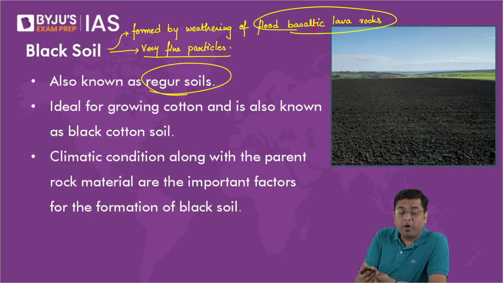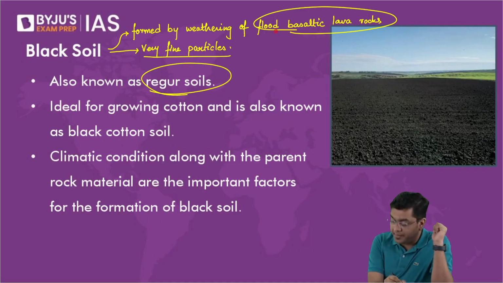Now these lava rocks or these igneous rocks, will they have the presence of organic matter? We have seen earlier that when we talk about igneous rocks, they are significantly poor in terms of organic matter content. Organic matter can be found in the sedimentary rocks, but not in other types of rock formation. Hence, these are poor in terms of organic matter content.